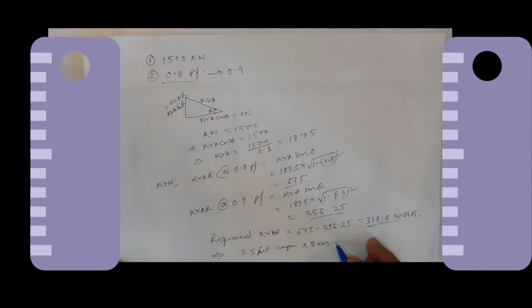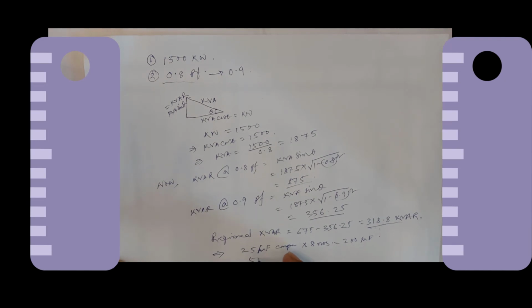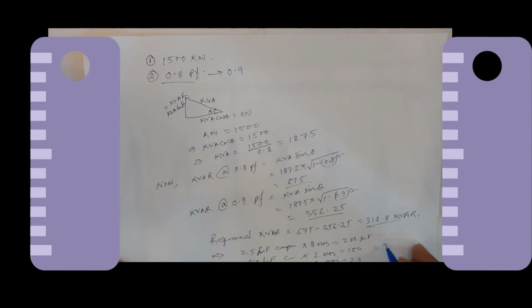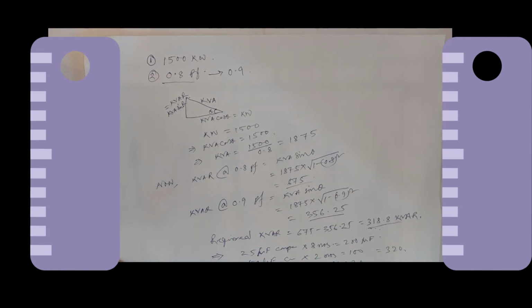So what will be the total value? 200, and 50 kVAr capacitors, two numbers, 100, and for 18 we will use 10 kVAr capacitors, two numbers, 20. So total is 320. So this is the process to find out the required capacitor panel.